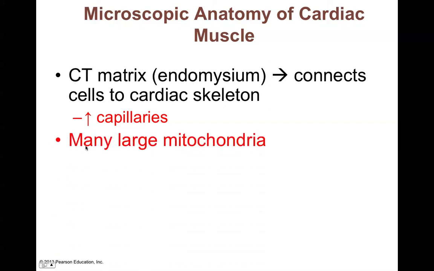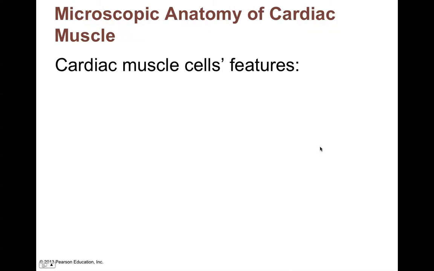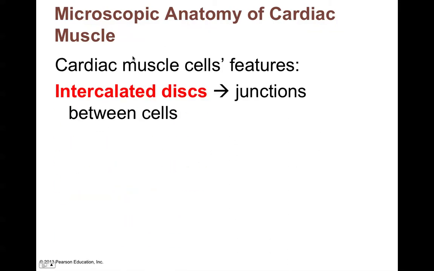Cardiac muscle has a lot of capillaries, and there are many large mitochondria. The cardiac muscle cells have intercalated discs, which hopefully you remember when you looked at them under the microscope and when we did the histology unit in Bio 263. Intercalated discs are junctions between the cells.